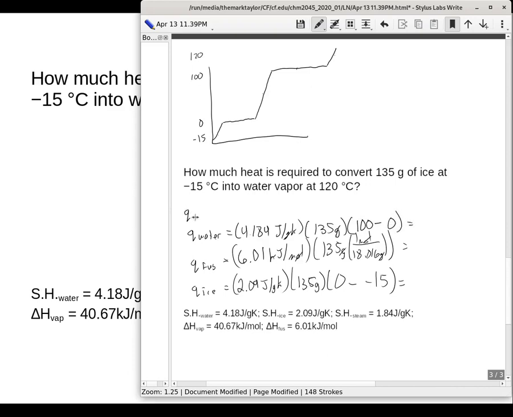Then we have Q for when it vaporizes. This kind of looks similar to the Q for fusion. Got 40.67 kilojoules per mole. And since it's moles, we're going to take that 135 grams and convert that into moles.